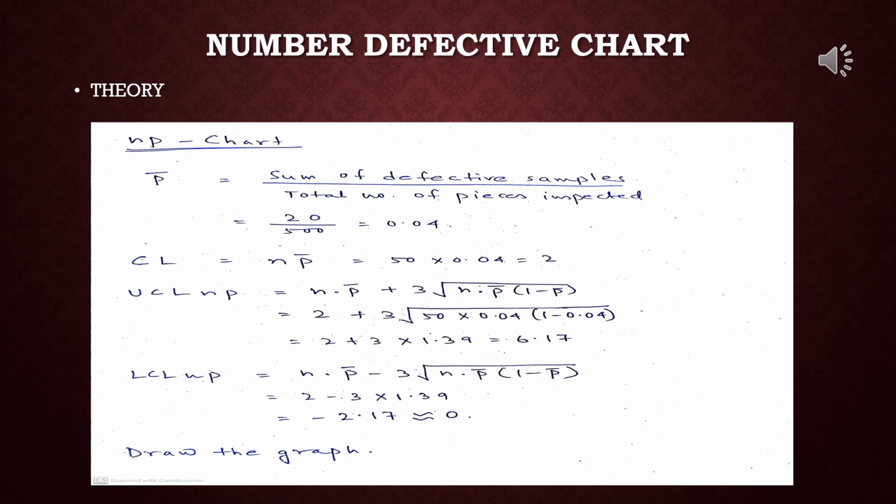Calculating them, we find the upper control limit at 6.17 and the lower control limit at negative, which we transfer back to 0. We have the central line, the upper control limit, and the lower control limit, so you can again draw the graph. For your hint, the points are absolutely within this particular limit. Just go on and check whether you are getting it or not.